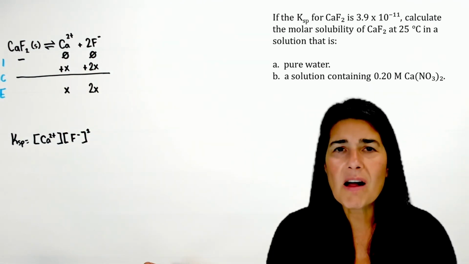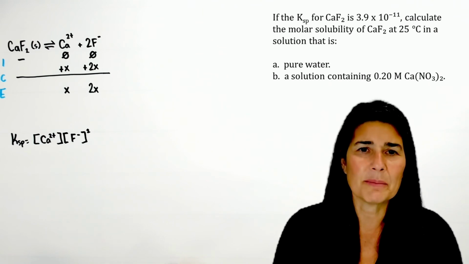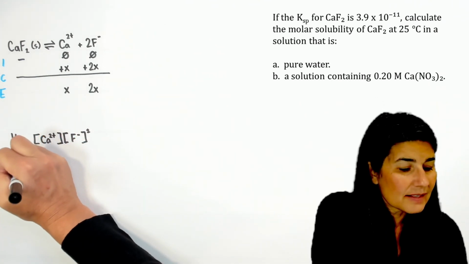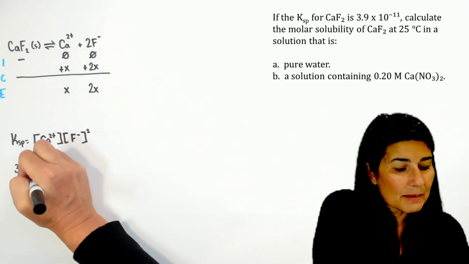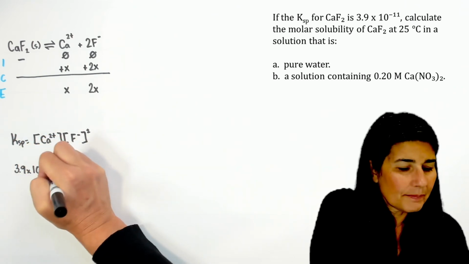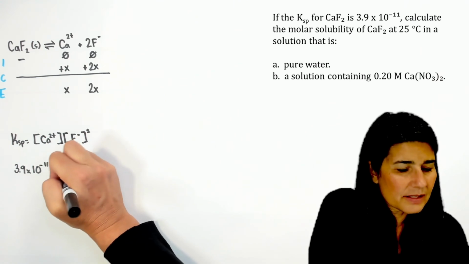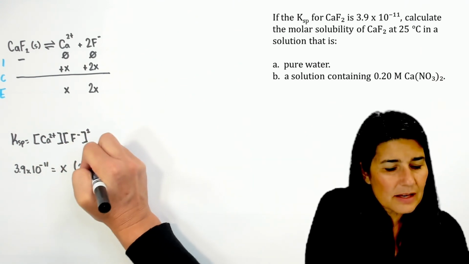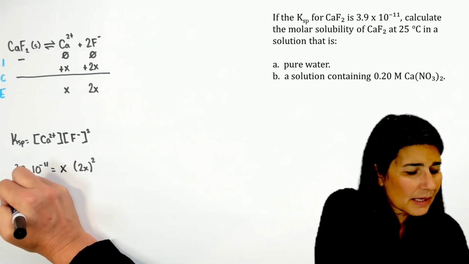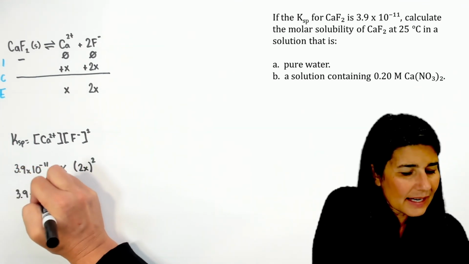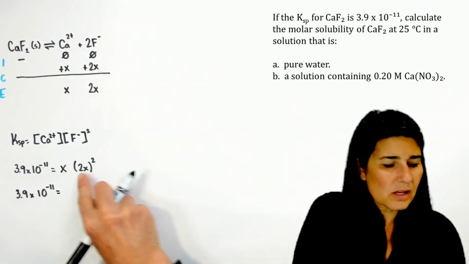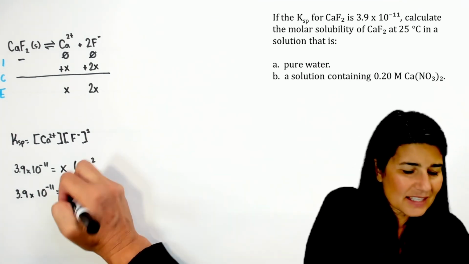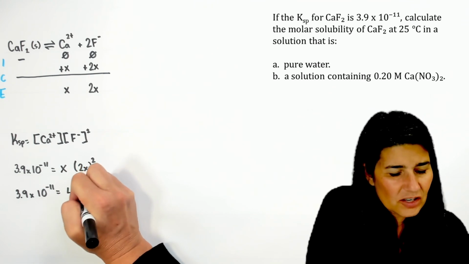Now we can plug all of those terms into our equilibrium expression. We know that the KSP value is 3.9 times 10 to the negative 11. That's going to equal the calcium, which is X, and the fluoride, which is 2X, squared. 3.9 times 10 to the negative 11th will equal 2X squared is 4X squared times another X. That's going to be 4X cubed.